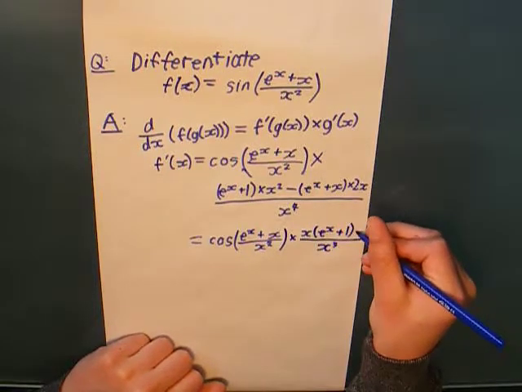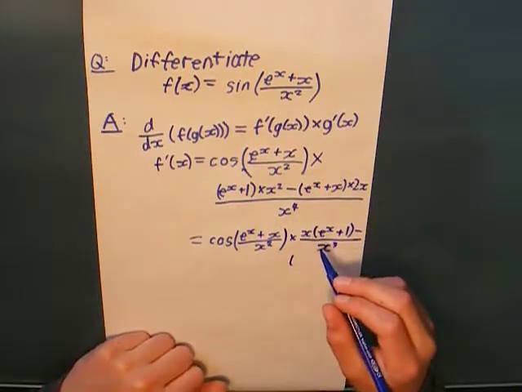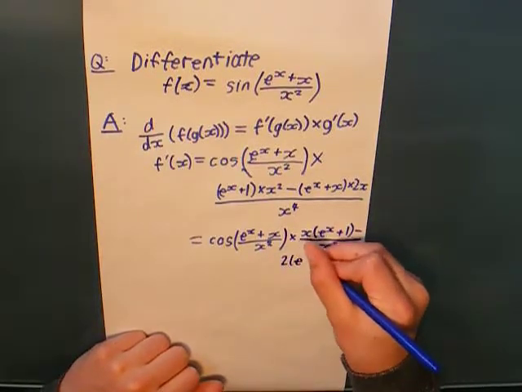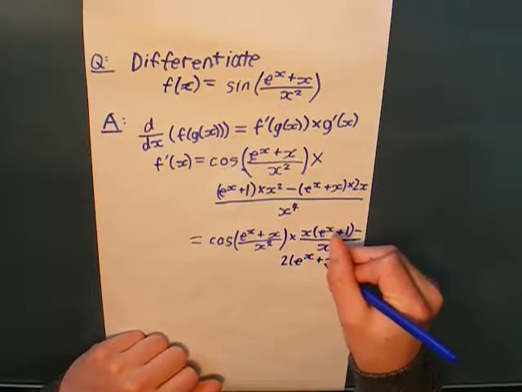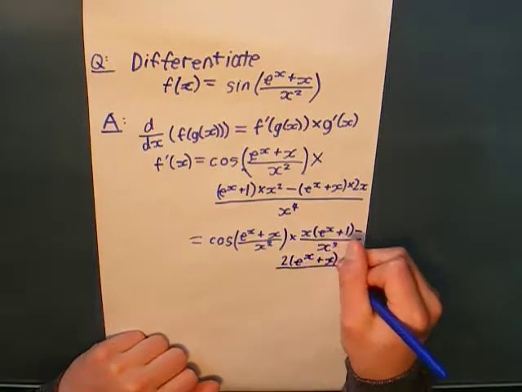Now I'm going to have to continue my division onto the next line, which is bad practice, but I didn't leave myself enough room, minus 2 times (e to the x plus x). And I'll just continue my division sign.